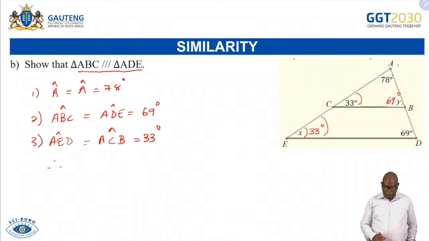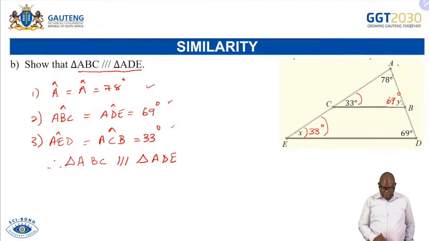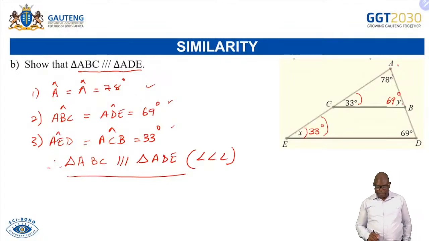So therefore, if I see that three sets of angles are equal, triangle ABC is similar to triangle ADE. And the reason will be angle, angle, angle. Okay. Right.